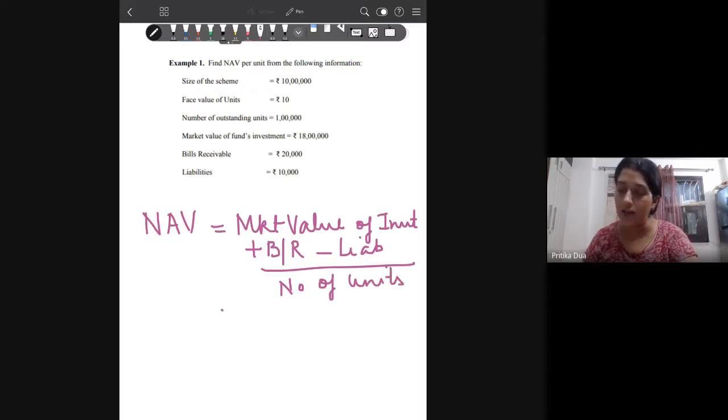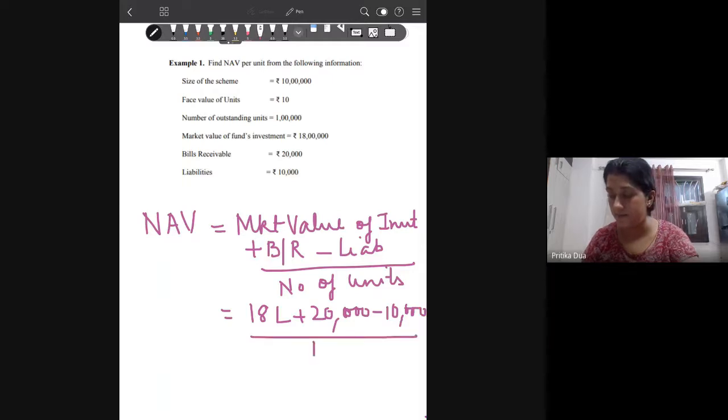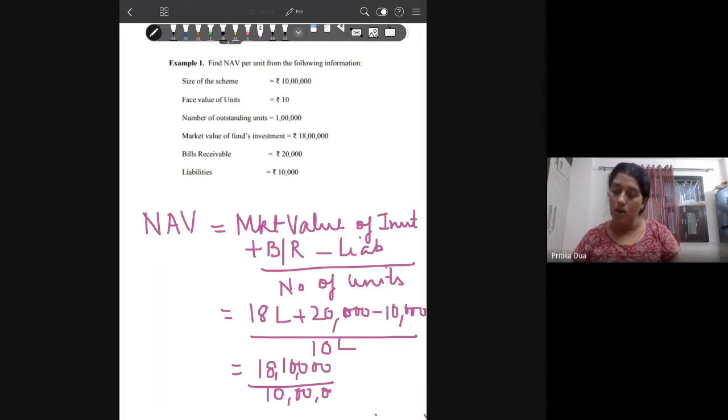So 18 lakh plus 20,000 minus 10,000 divided by 10 lakh. So 18.1, sorry, 1.81 per unit rupees.